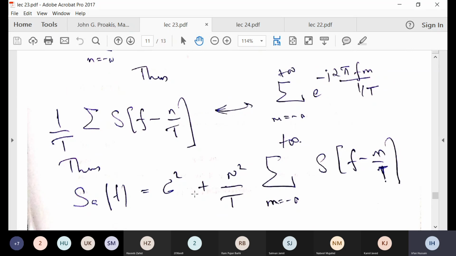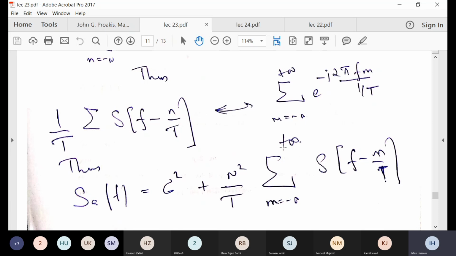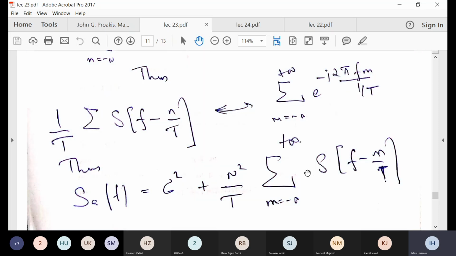So my SAF will become sigma squared plus 1 over T times mu squared, as you can see here, into the impulse train, and in this way you have derived it. So we will get this, instead of the exponential, we have this train of impulses.